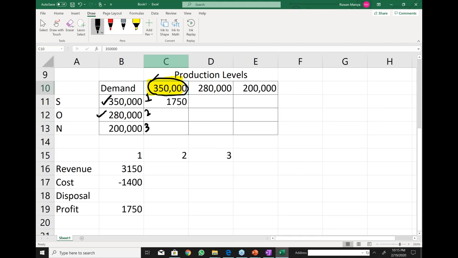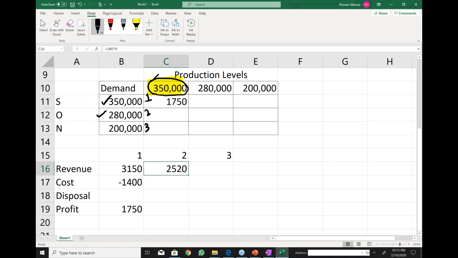You can sell max 280, because demand is 280. You produced 350, but you sold 280 because of the demand. So your revenue will be booked on 280.